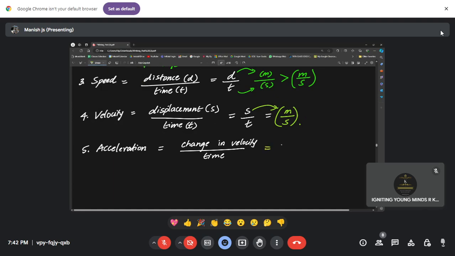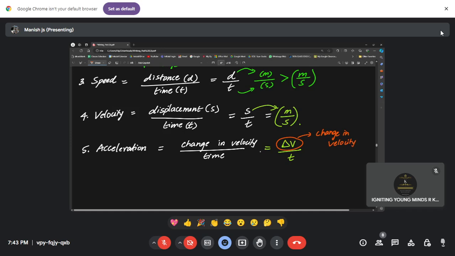Change in velocity can be written as delta v upon t. Delta is a triangle symbol, and it signifies change in. So change in velocity is basically delta v.